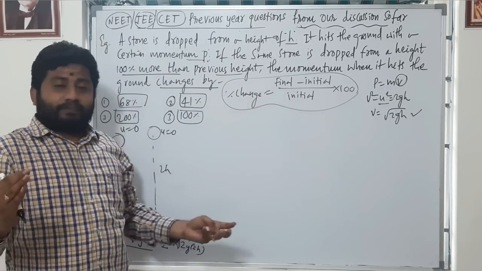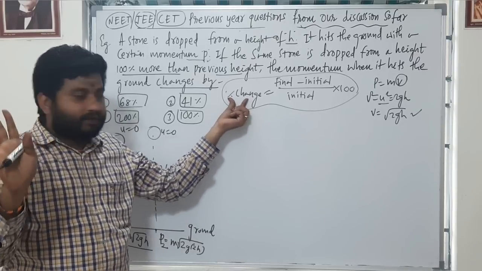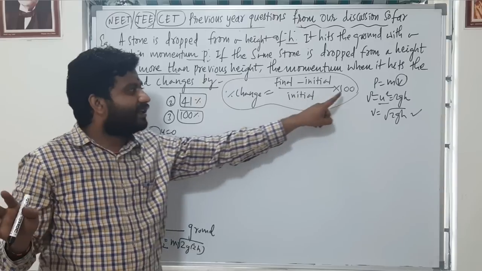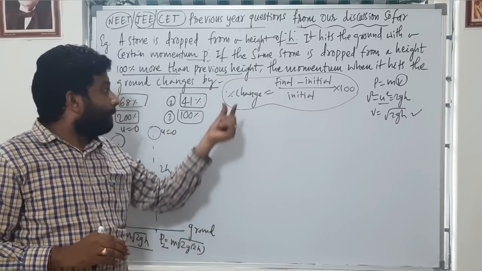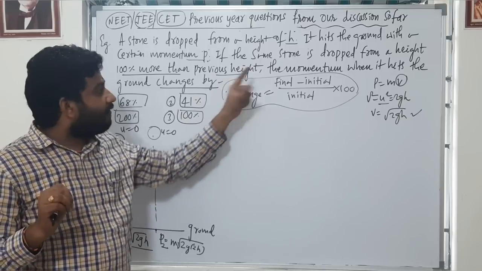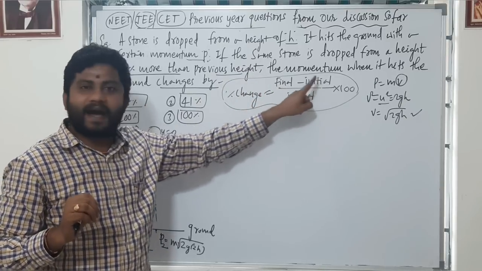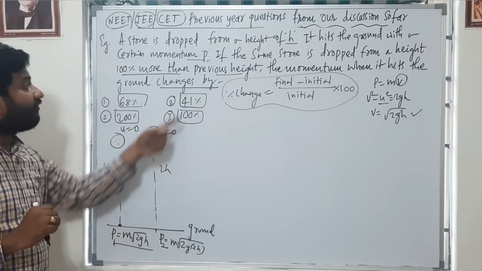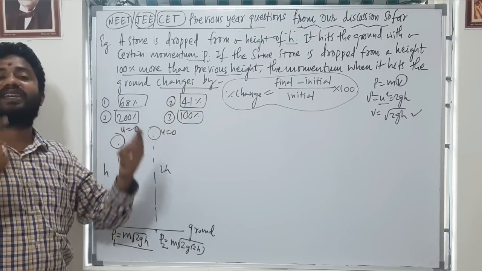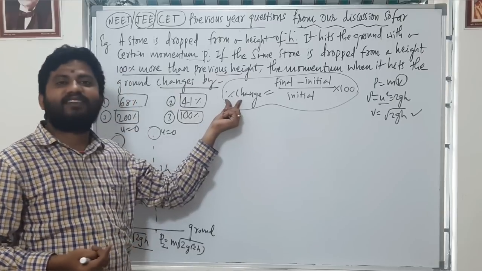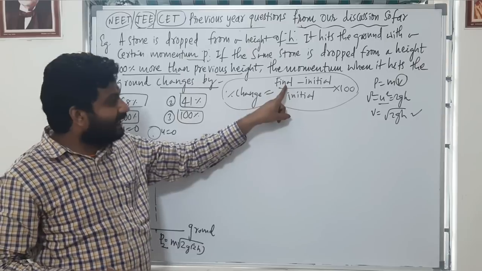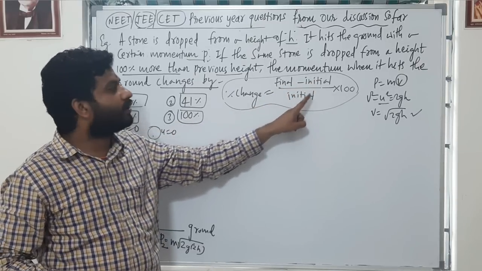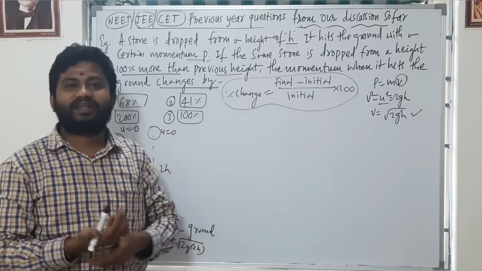For example, percentage change in the velocity: final velocity minus initial velocity by initial velocity into 100. Percentage change in the mass: final mass minus initial mass by initial mass into 100. Here, percentage change in the linear momentum they are asking: final linear momentum minus initial linear momentum by initial linear momentum into 100. That's it. You get the answer.